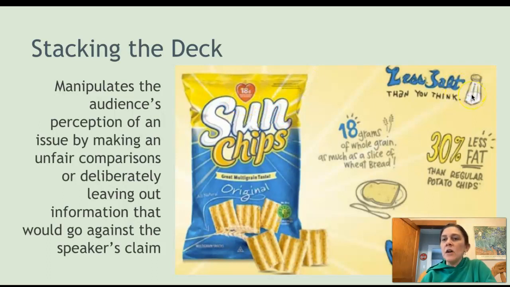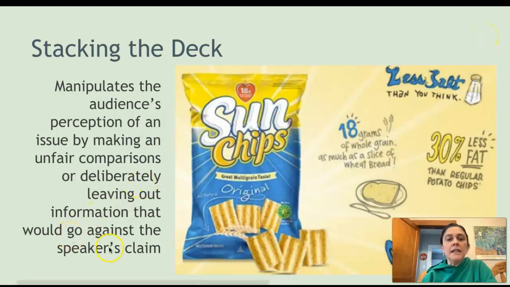Tells you it has less salt than you think. Tells you it has 18 grams of whole grains, as much as a slice of bread. Tells you it has 30% less fat than regular potato chips, and that there are 0 trans fats and 0 milligrams of cholesterol. So this is telling you all sorts of really, really great things about Sun Chips.